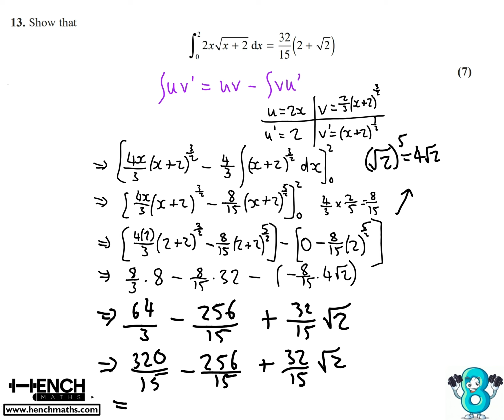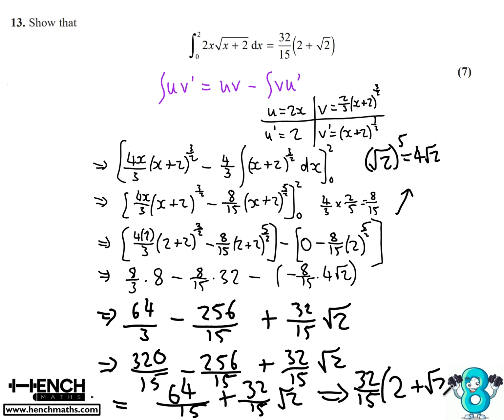So 320 subtract 256 is 64. So we get 64 over 15 plus 32 over 15 root 2. And if we factor out 32 over 15, so we'd have 2 plus root 2. And that's what we wanted to show for 7 marks.